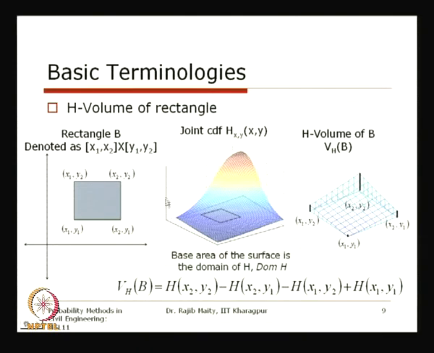So this is your H, x, y axis, and this should be your 0, and this line should be written as 1, which is missing in this figure, but you can easily make out that the starting point is 0 and it goes up to a maximum value of 1. So this surface that you can see is the joint CDF function in a two-dimensional case.